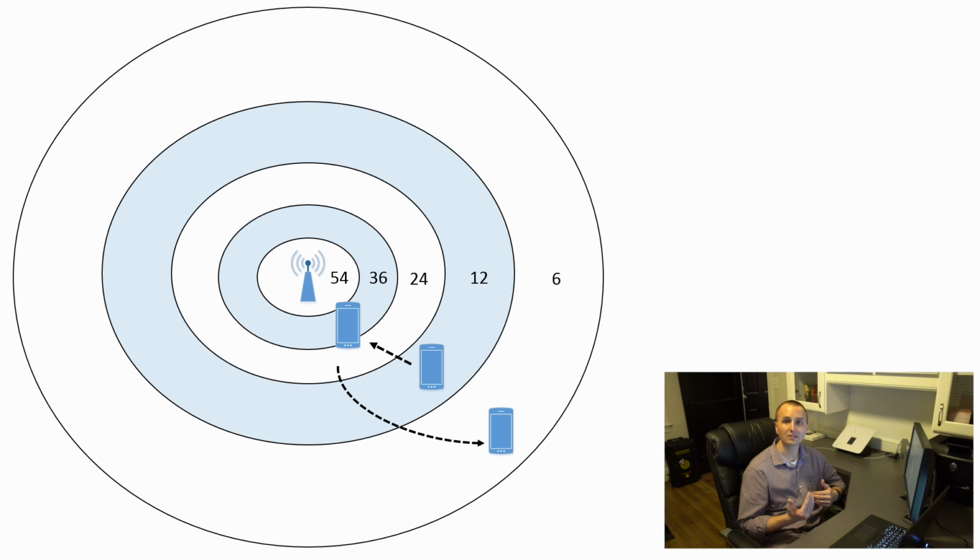But you can kind of see the concept that as clients move closer to the AP, the signal quality typically improves, and as it moves further away from the AP, the signal quality typically decreases. Obviously, the data rate will adjust accordingly, but be careful with assuming that signal quality is always tied to distance away from the AP.